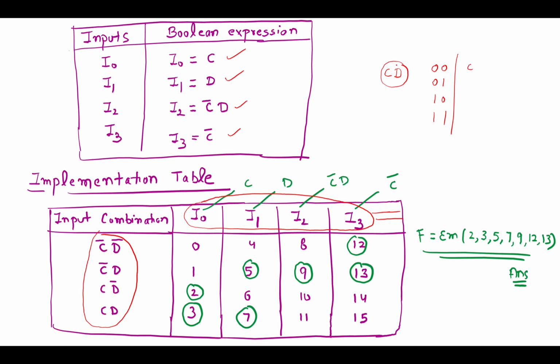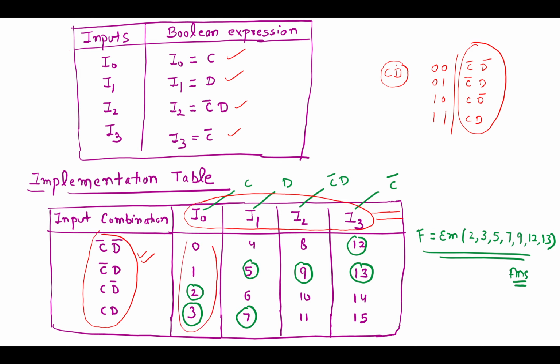So 0 0 represents C bar D bar, 0 1 represents C bar D, 1 0 represents C D bar, and 1 1 represents C D. We write these combinations here, and these are the minterms 0, 1, 2, 3.